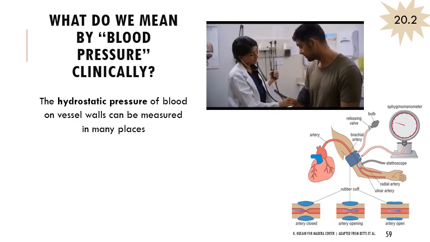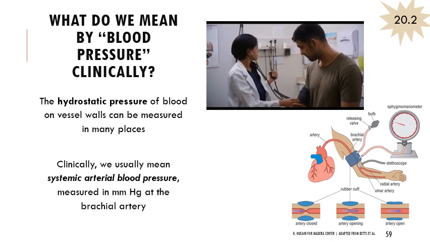So it's the pressure that blood is exerting on vessel walls, and you can actually measure it at many different places, but we measure it at the brachial artery, so measuring systemic blood pressure, or more specifically, systemic arterial blood pressure. So systemic arterial blood pressure is measured at the brachial artery. That's why we measure it at the upper arms, like is indicated in this GIF that I'm playing. We measure it in millimeters of mercury.